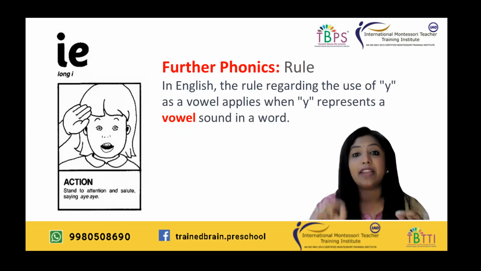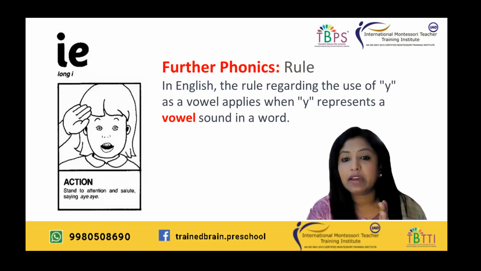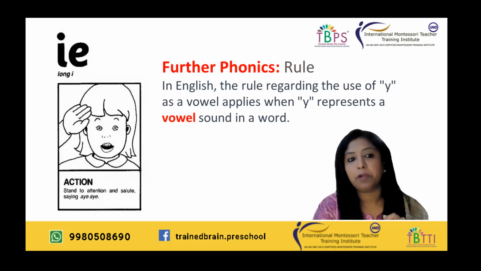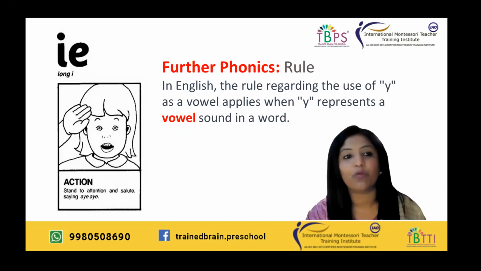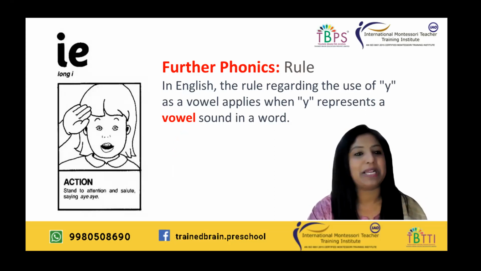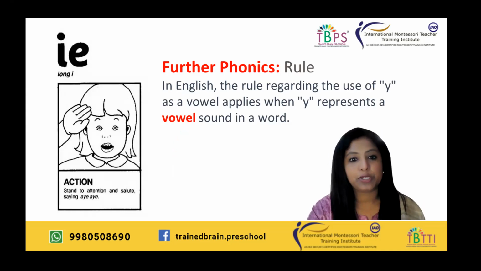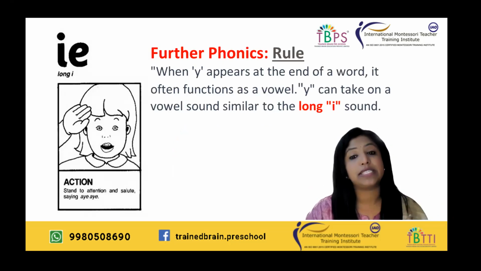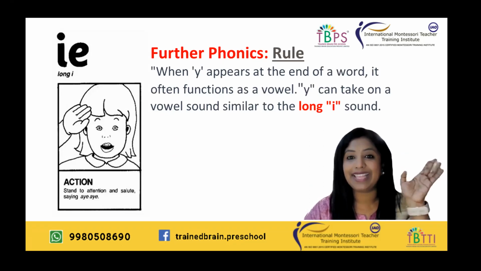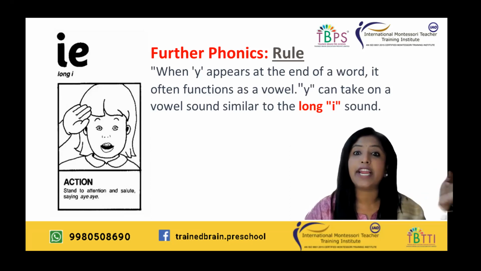So the last thing, I can mark this as a rule. So in English, we have this rule regarding the use of Y as a vowel. So from here, you tell the children that Y is also very special because that becomes your sixth vowel. So sometimes Y can be represented as a vowel in single-sounded words, short words only. Okay, so this rule applies for short words itself. We also say that whenever you hear the sound I at the end, I is too shy to be there.